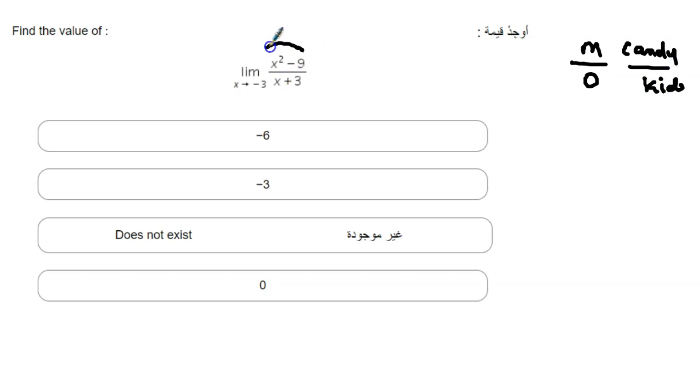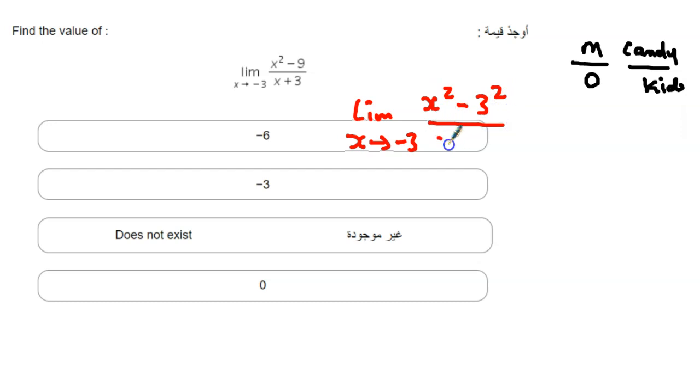So we have to do something about it, which is the difference of two squares. We can rewrite that one as the limit as x approaches -3. x squared minus 9, 9 is 3 squared, over x plus 3. And here we see the difference of two squares. So that becomes the limit as x approaches -3, we get x plus 3 and then x minus 3.